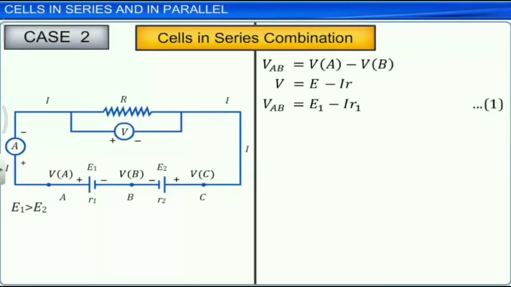In the second case, V is equal to E minus IR. VAB is equal to E1 minus IR1. Here the current is passing through the negative terminal, that's why we take E2 as negative.